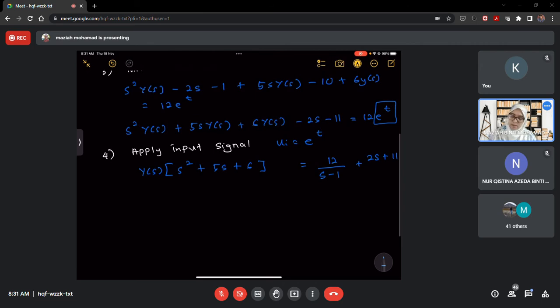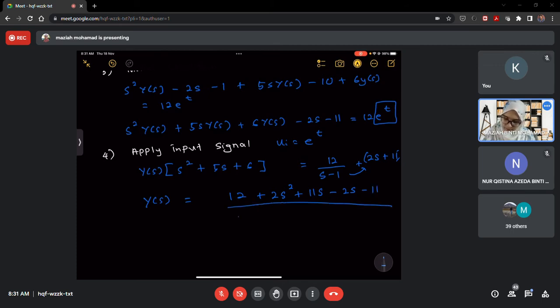Okay. So therefore Y(s) is equal to 12. Here we will multiply across so that the denominators are the same. So we have 12. Please check: 2s squared plus 11s minus 2s minus 11, divided by s minus 1, and then the part s squared plus 5s plus 6 can be factorized.